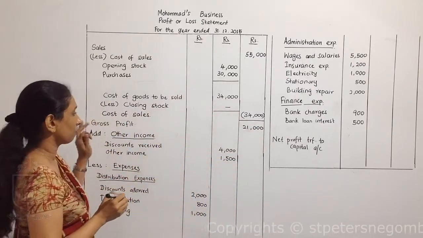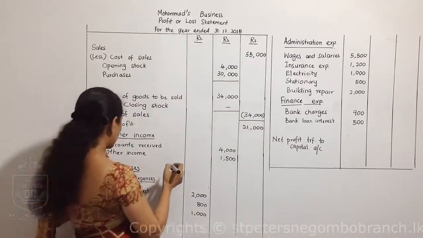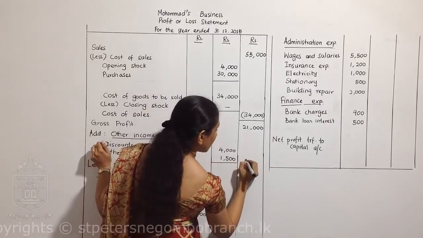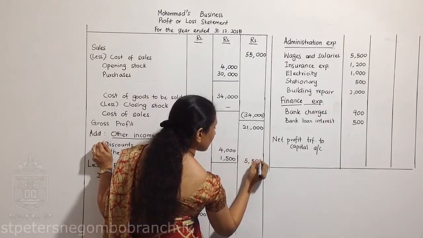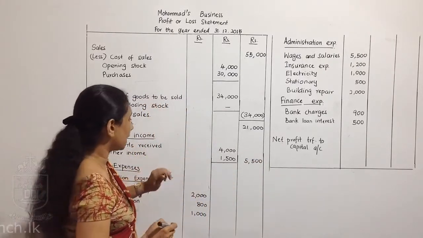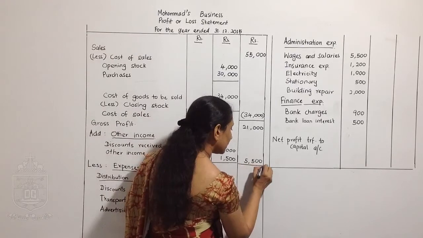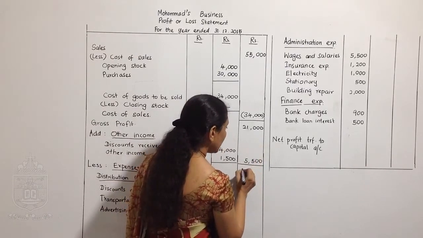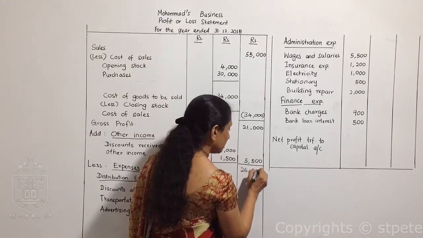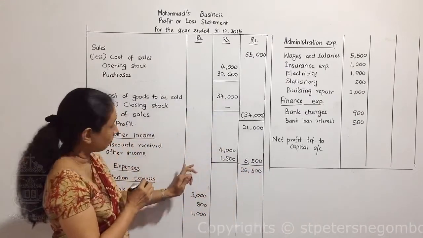So let's go to the other income section. A total of 5,500 of other income is there. So we will add that other income to the gross profit. So we will have 26,500.